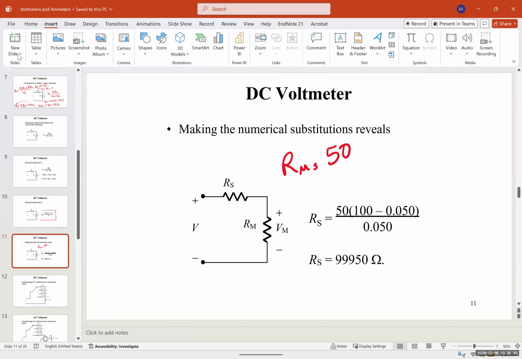V of the source was 100. Vm was 0.05. We want to find Rs.